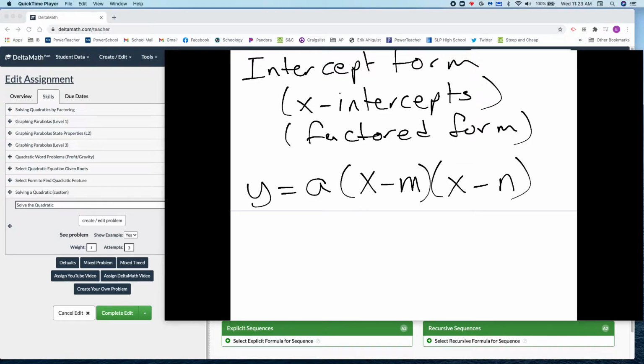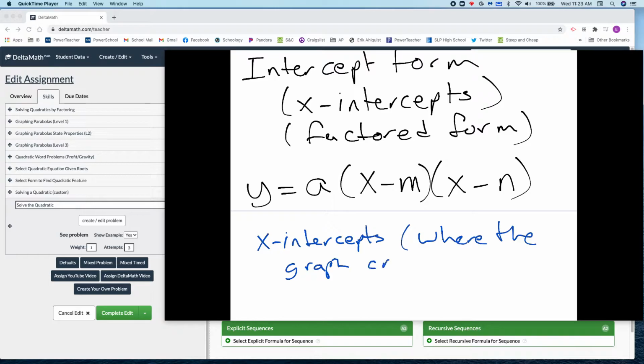And what that form gives you is the x-intercepts. Remember, that's where the graph crosses the x-axis.